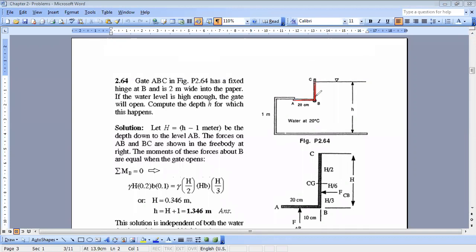Concerning the vertical force, I don't have any problem with it because we have seen together how we calculate the action of water on an inclined surface. I just replace theta by 90 degrees, and I can determine what is the total force. And here it's horizontal because it's perpendicular to the surface, and I can get its point of application, YCP.